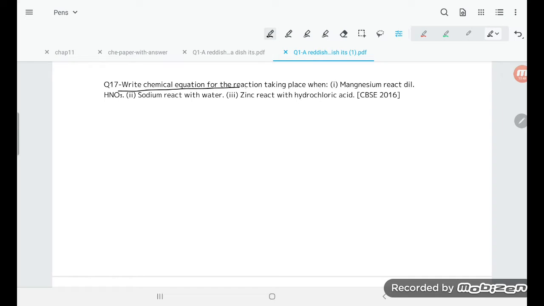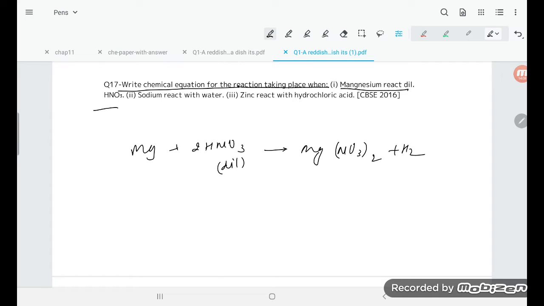Write the chemical equation for the reaction taking place. Magnesium reacts with dilute HNO3. So Mg plus 2HNO3, this is dilute, so it is going to give, student, magnesium nitrate, Mg(NO3)2, plus H2.